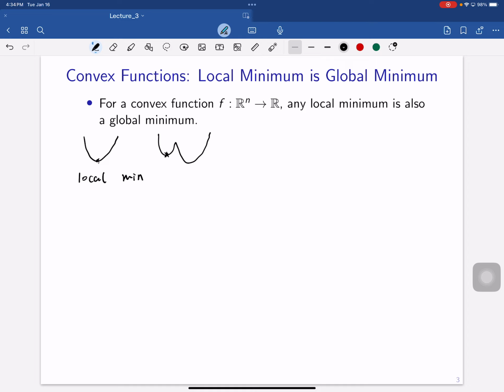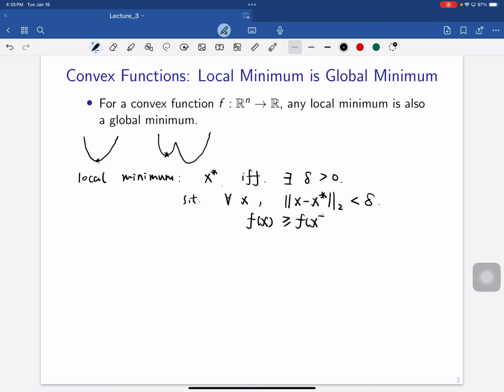We say x star is a local minimum if there exists delta greater than 0 such that for all x in the neighborhood of x star, that is, the norm of x minus x star less than delta, where you can use any norm you like, for example the Euclidean norm, we have f of x greater than or equal to f of x star, right?